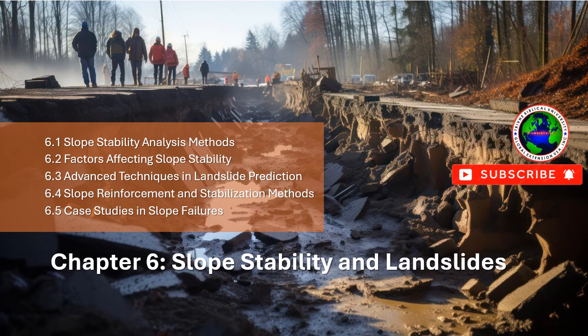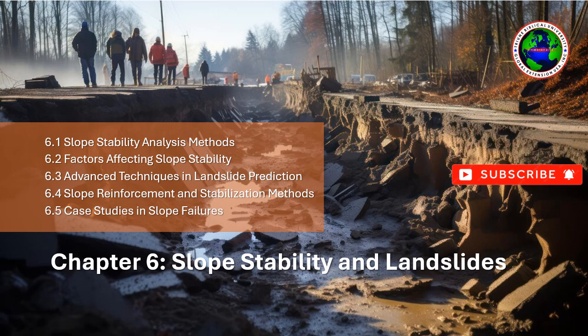These methods divide the potential sliding mass into vertical slices and solve equilibrium equations for each slice. The key difference between the methods lies in how forces are assumed to act within each slice.